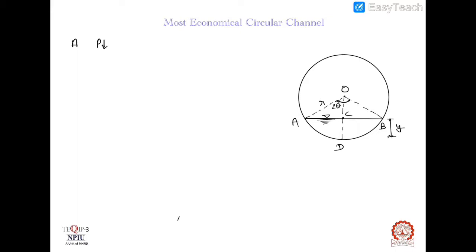If you vary the perimeter, then area of flow will also change in this case. So what can we do for this? So for circular channel, the most economical section is designed both for maximum velocity and for maximum flow rate.